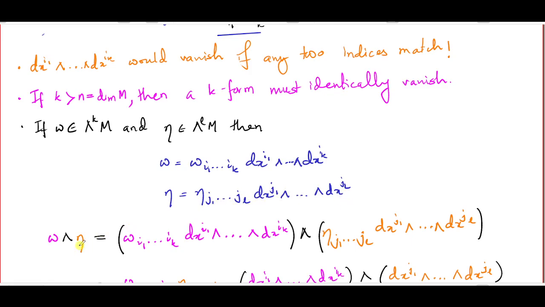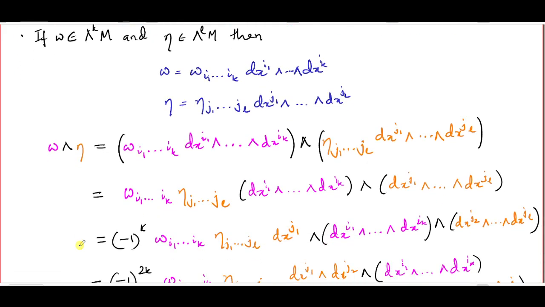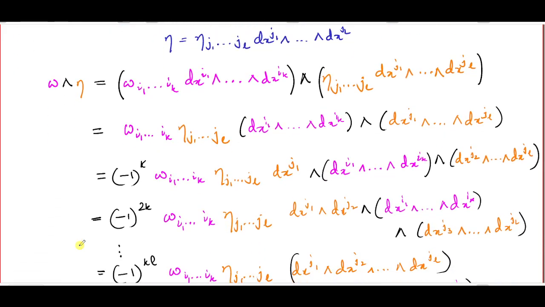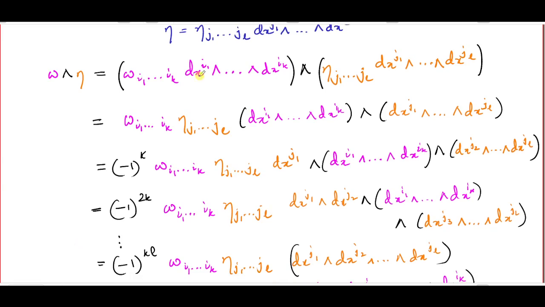So we want now to see what happens when you interchange eta and omega in the wedge product. Let's start with omega wedge eta and then we are going to slowly go through an interchange. So first, this is omega and this of course is eta, and we are going to do a wedge product of both of them.